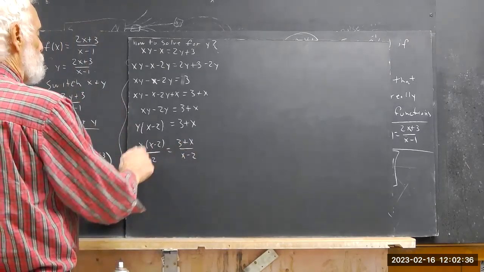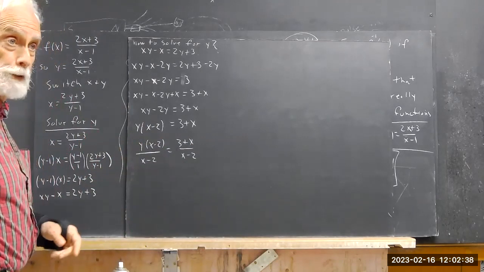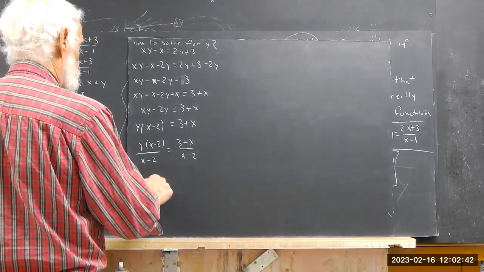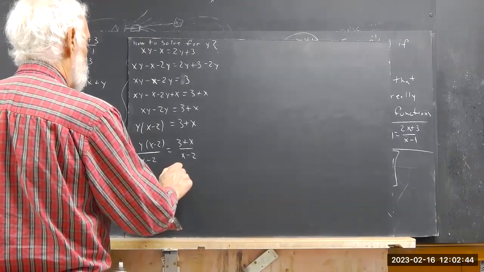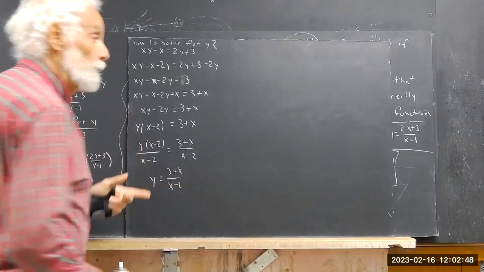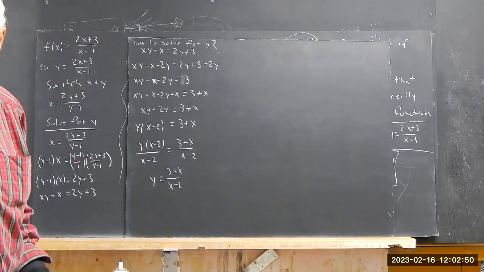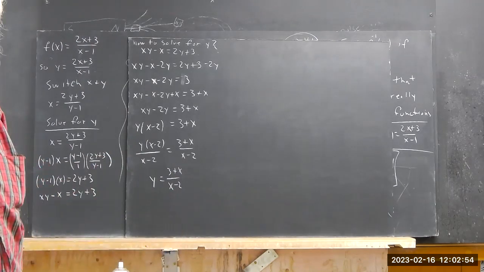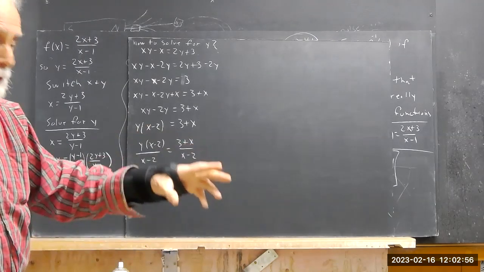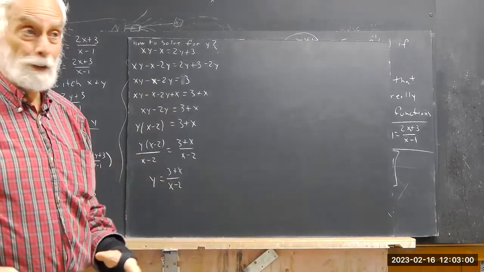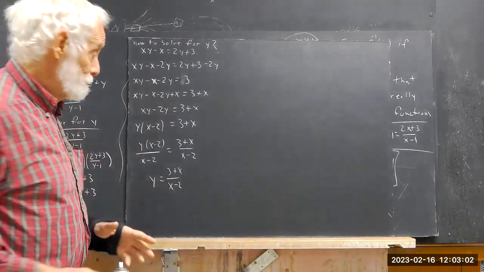Now that can be written as y over 1 times x minus 2 over x minus 2, which confirms that this is just equal to 1. It's not just equal to y because you want to believe it's equal to y. It's equal to y because the rules tell you it's equal to y. What you believe, what you think you see when you look at something, doesn't count unless it follows the rules, right?